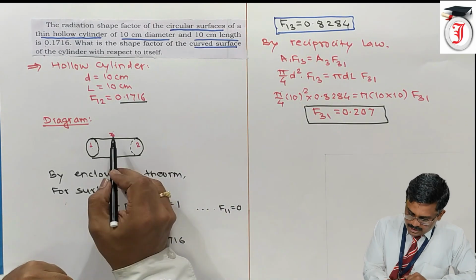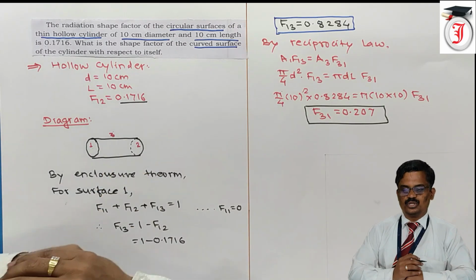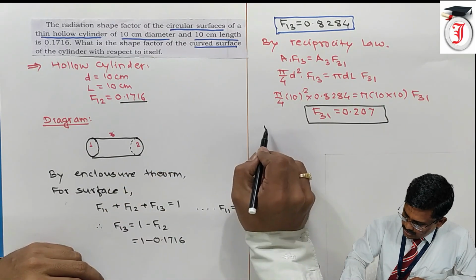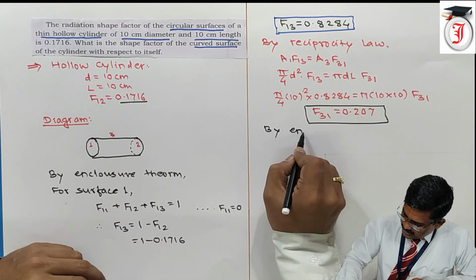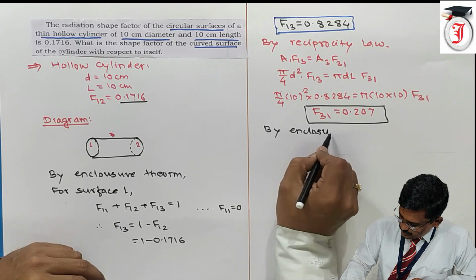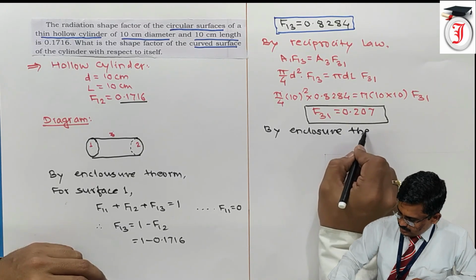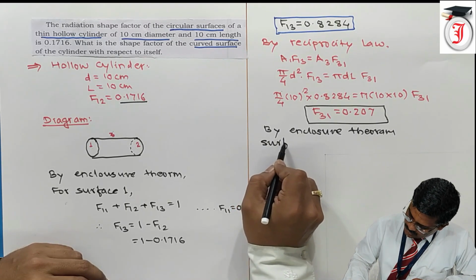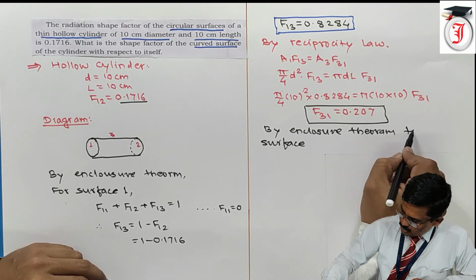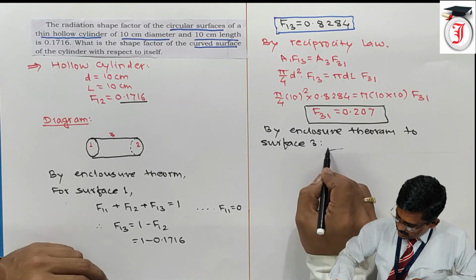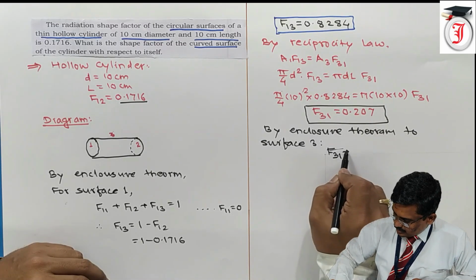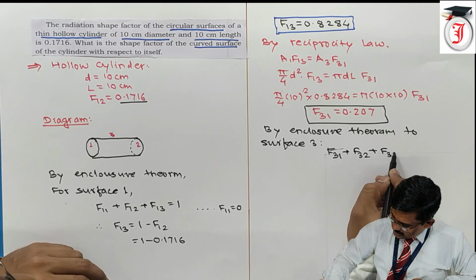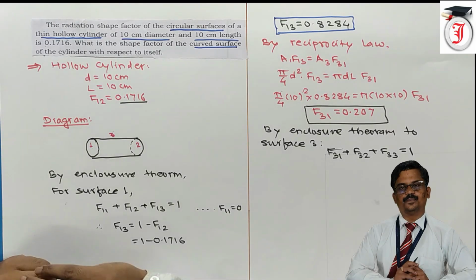Now we have to determine the shape factor of 3 with respect to 3. Applying the enclosure theorem to surface 3, we get F31 plus F32 plus F33 is equal to 1.